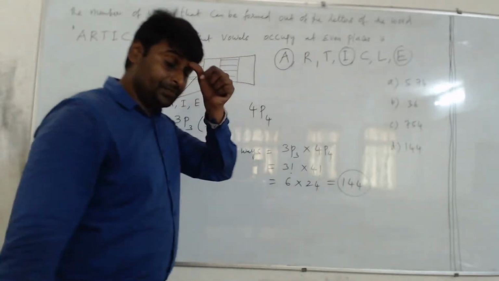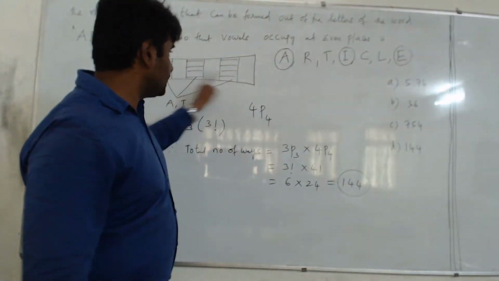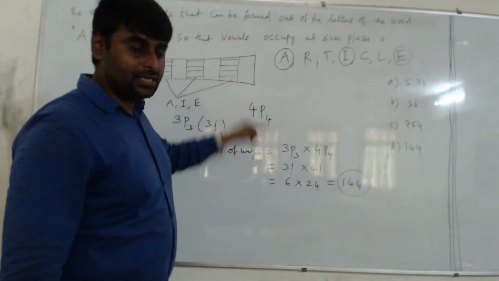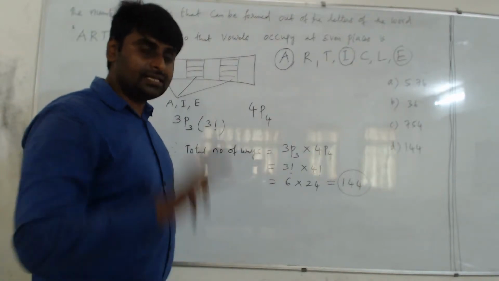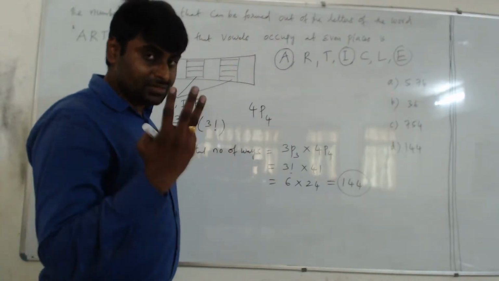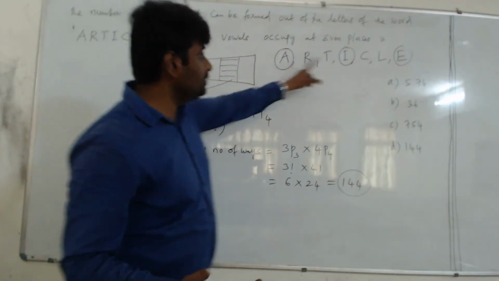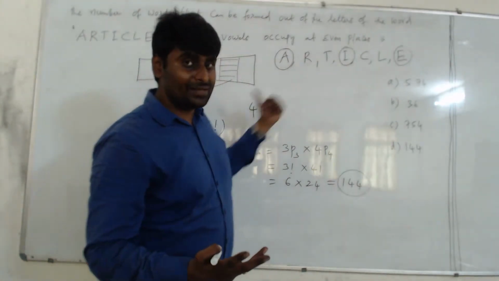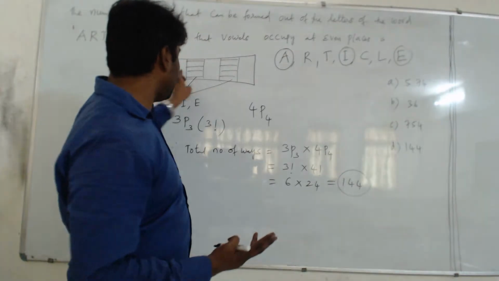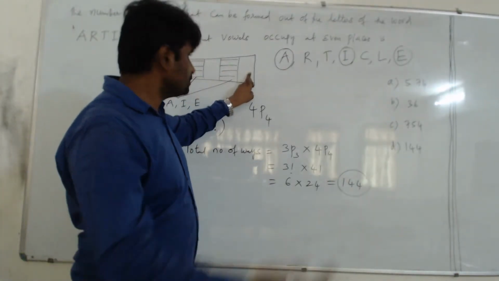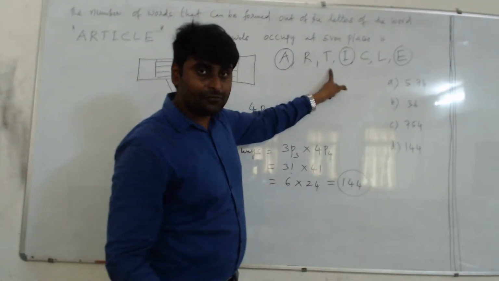Clear? Simple. Here we have a 7-letter word, 7 gaps. In a 7-letter word, there are 3 even gaps. In those 3 even gaps, we put the 3 vowels, which can be done in 3P3 ways. The remaining 4 odd gaps can be occupied by the remaining 4 consonants.